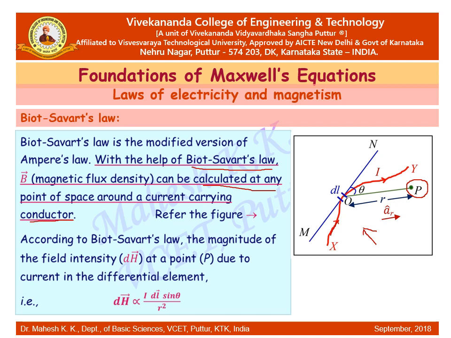In the figure, you see that a current carrying conductor XY is there. Draw a tangent MN at a point O in XY, and let dl be the length of the differential element at O.